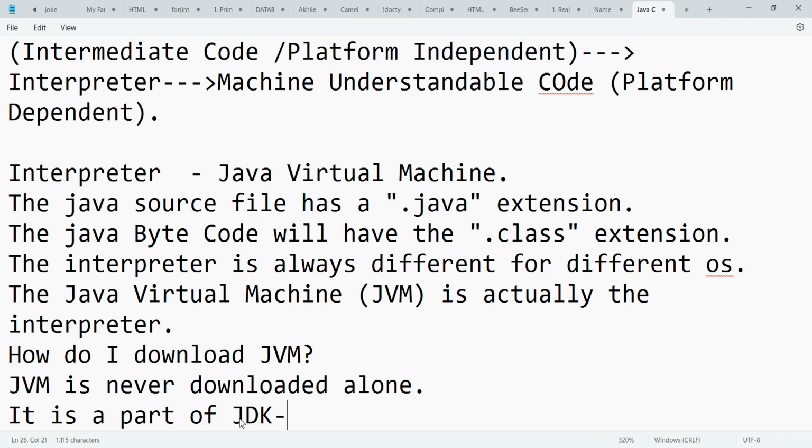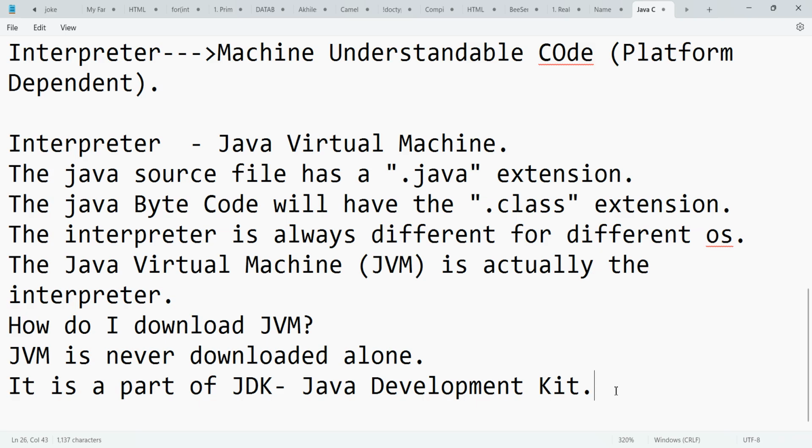JDK means Java Development Kit. You must have seen a lot of projects, even Arduino projects, that require a development kit. You need jumper wires, some LEDs, different instruments, the Arduino board, and some hardware boards.